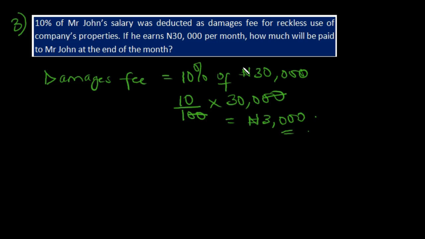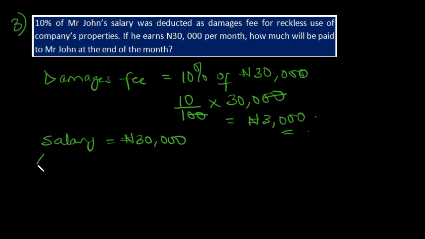This is what is paid as damages fee to the company at the end of the month. So now, how much will be paid to Mr. John at the end of the month? Now, he earns 30,000 naira. Salary equals 30,000 naira. And his damages fee is 3,000 naira. He's going to be charged 3,000 naira for destroying company's property.